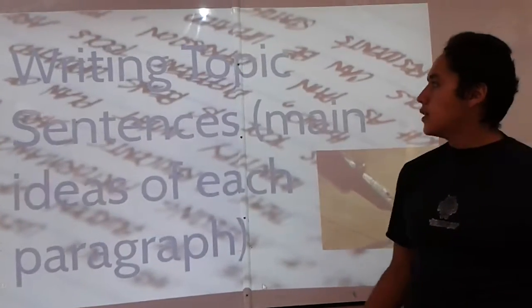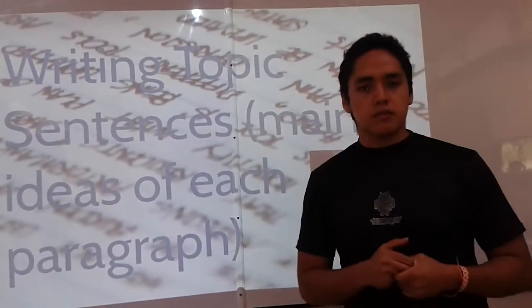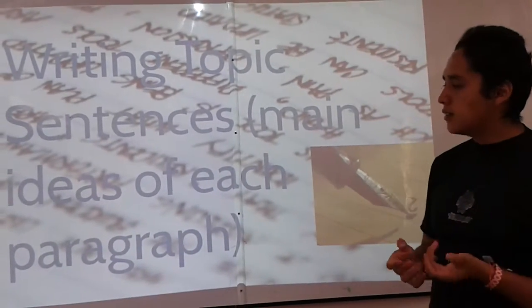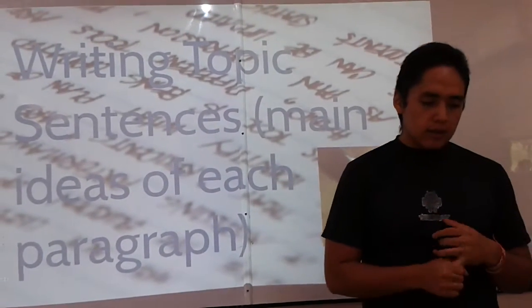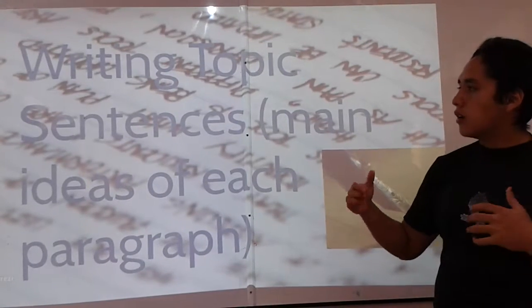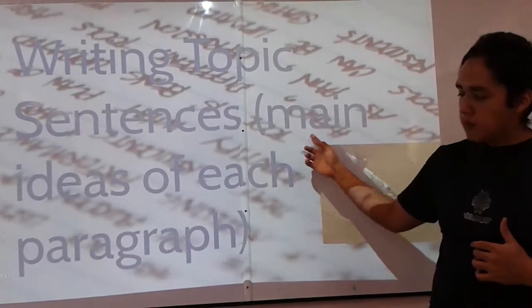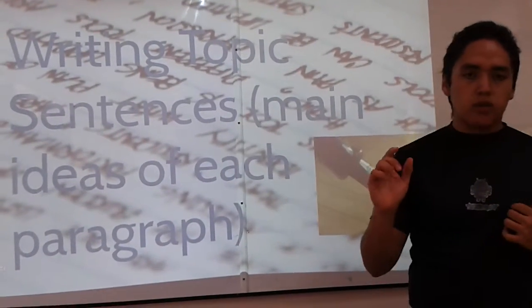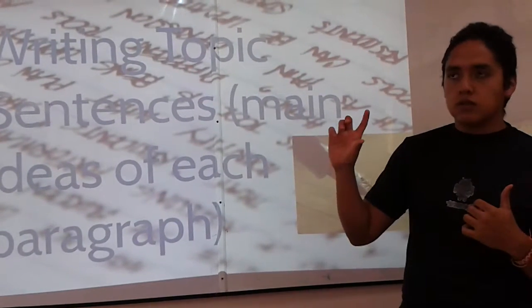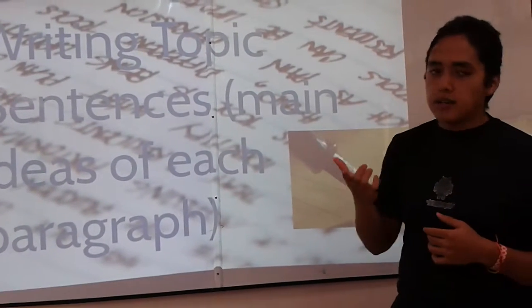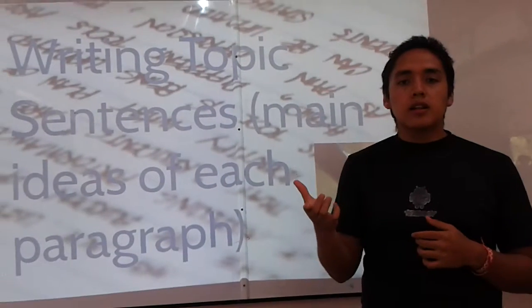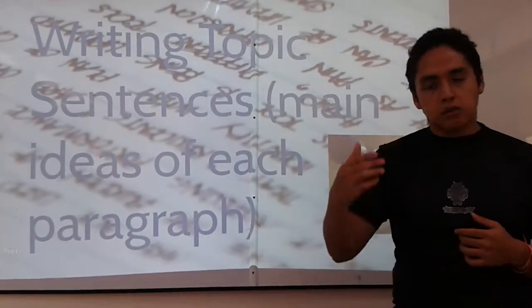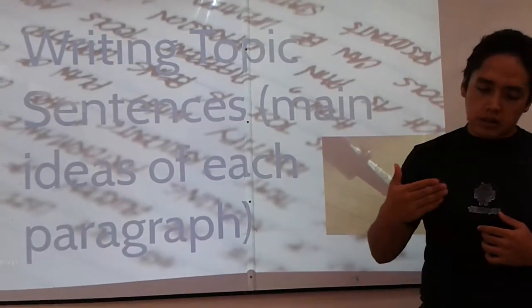The first step is writing the topic sentence. First, we have to write the topic sentence in a way that we can call a supporting point or a main idea, because this topic is expressed in a different way that is logically connected with the thesis statement and with the next paragraph.